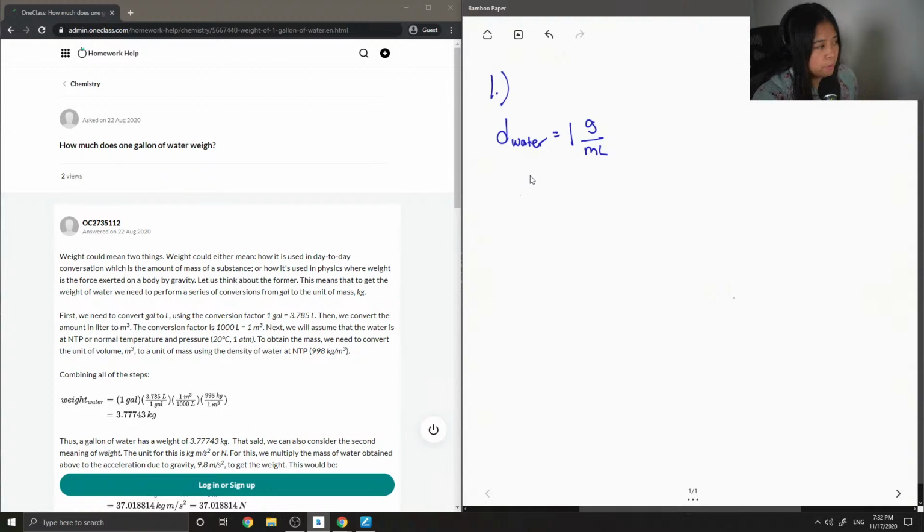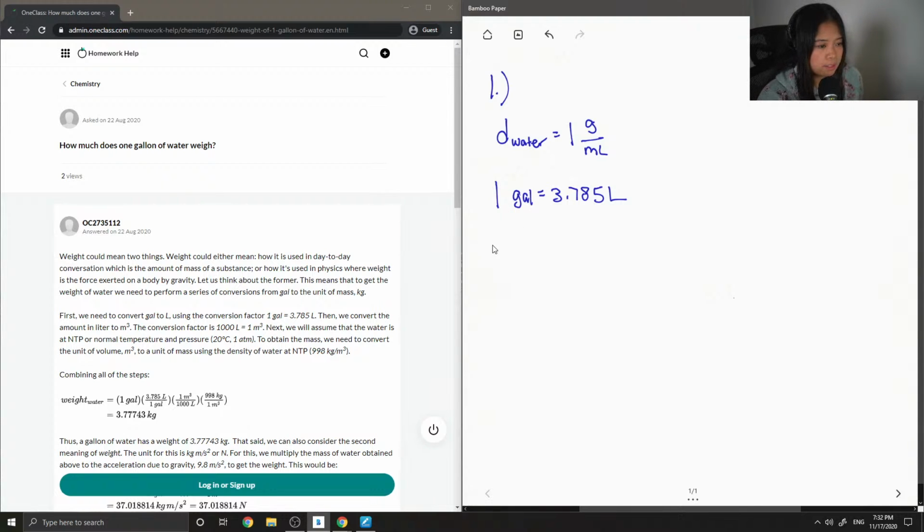So if we want to find out how much 1 gallon of water weighs, we need to know the conversion factor for gallons to milliliters. So let's recall that 1 gallon is equal to 3.785 liters.